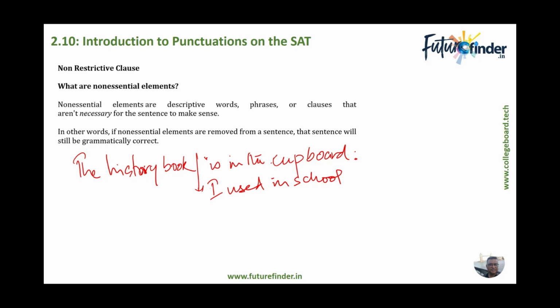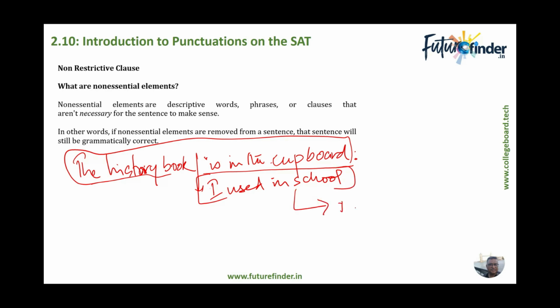But the initial sentence was, the history book is in the cupboard. This makes perfect sense. And hence this part of the sentence will be called a non-restrictive clause, because if it is removed from the sentence altogether, still the sentence makes perfect sense. The history book is in the cupboard. I used in school is nothing but additional information. This kind of a clause is called a non-restrictive clause.